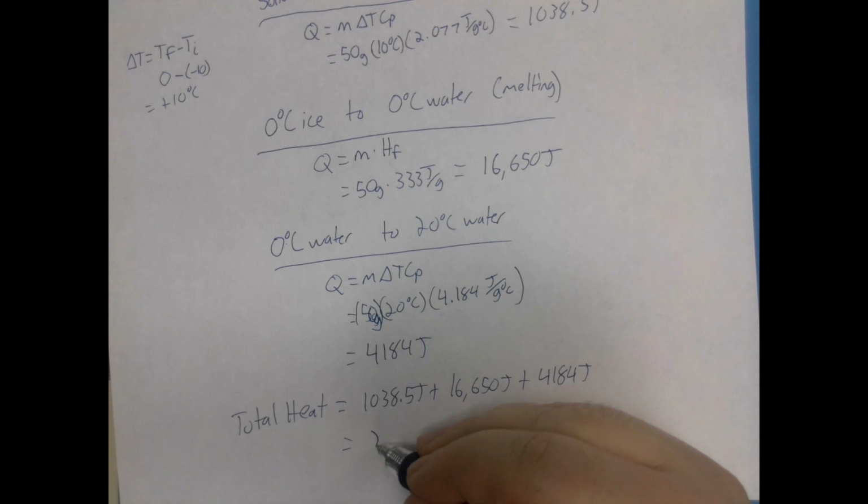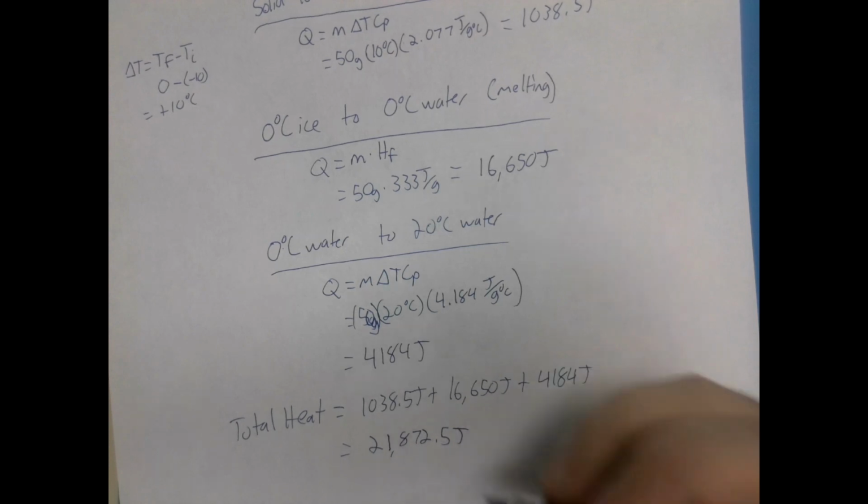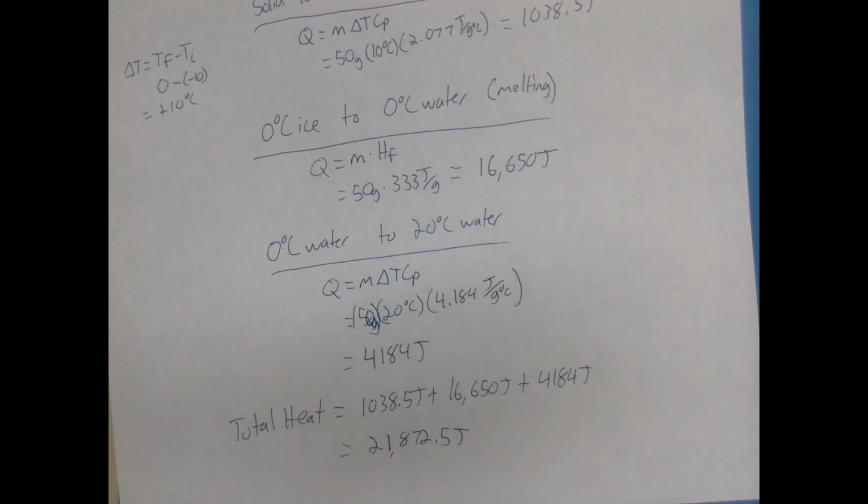And we get total heat required of 21,872.5 joules. This is why it took so long for the ice to fully melt. Most of the heat was going into melting the ice, not into the two phases of increasing its temperature.